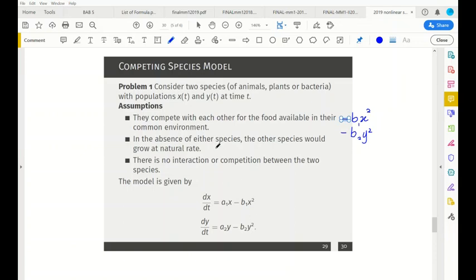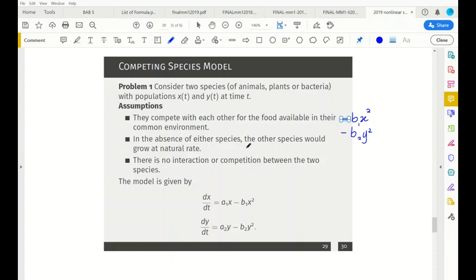The second assumption here, in the absence of either species, the other species would grow at natural rate. So for the equation for x, this is quite similar to predator prey. We can relate with the previous problem. With absence of y here, species x may grow at natural rate, so that's why we have in the equation positive a1x.